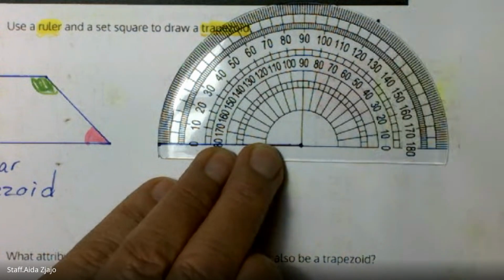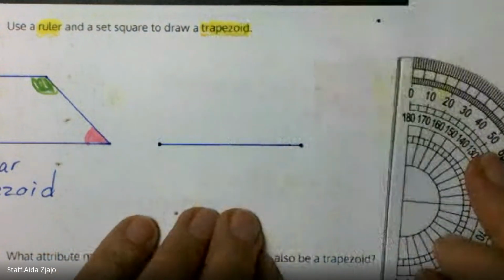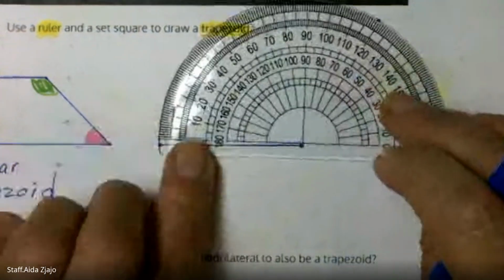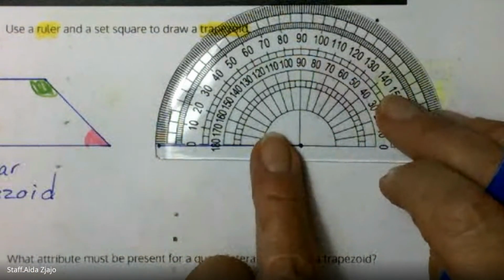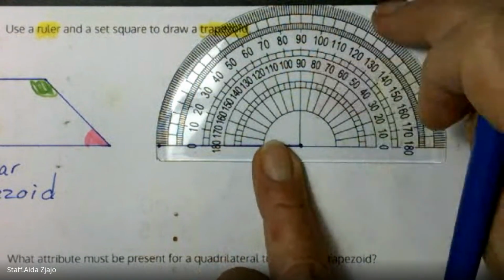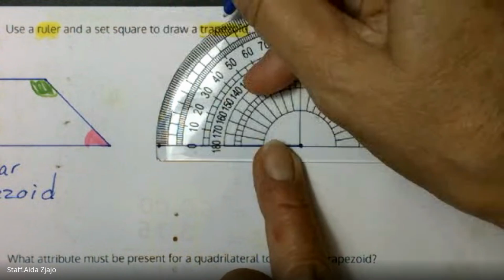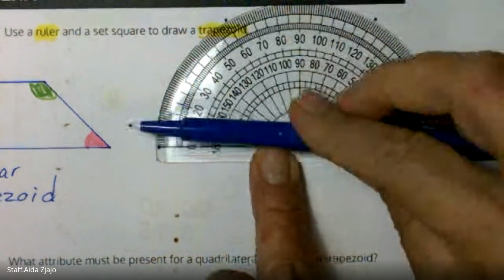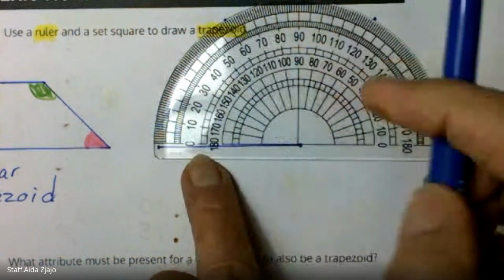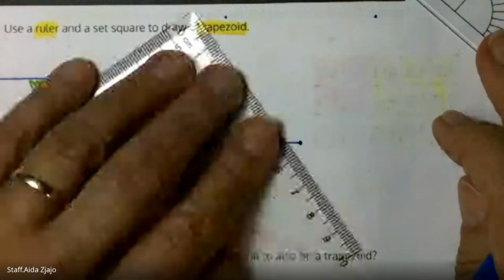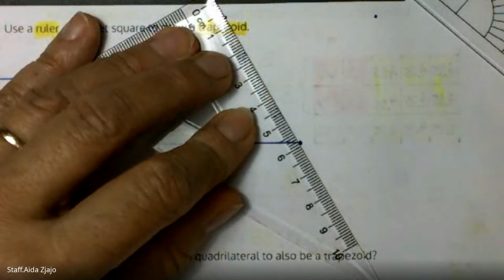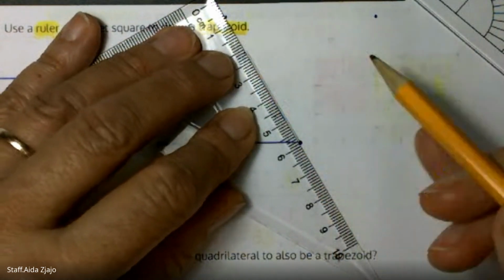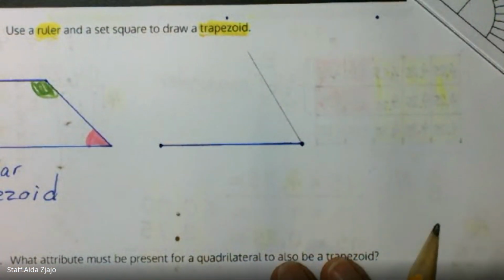I'm going to create it that way, but not this side, the other side, because I want my 60 degrees to be from this side to there. I'm using my color pencil in case I need to erase.